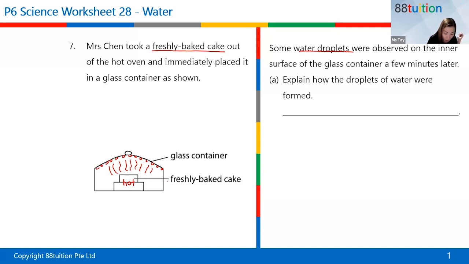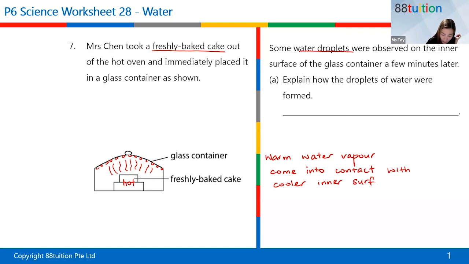So talk about the warm water vapor. Important words they look out for: come into contact. You need to compare. Just now was warm, so now the cooler inner surface of what? Of the glass container. Very tedious, but the moment you write your full answer, you get your full marks.